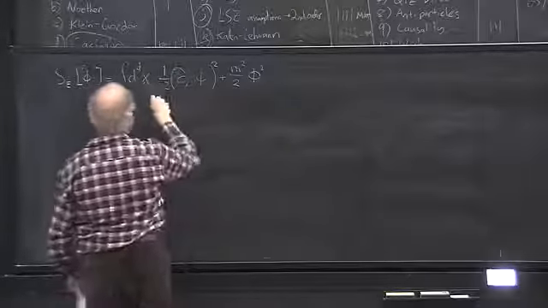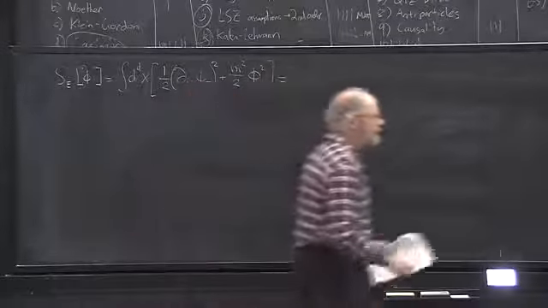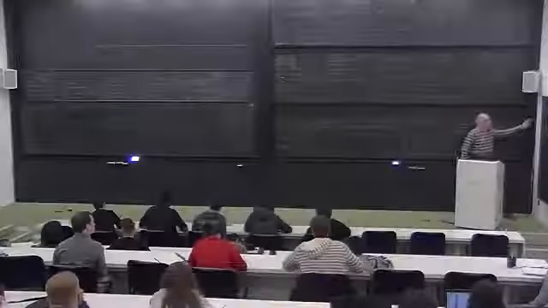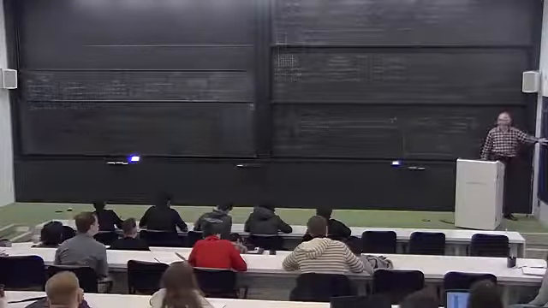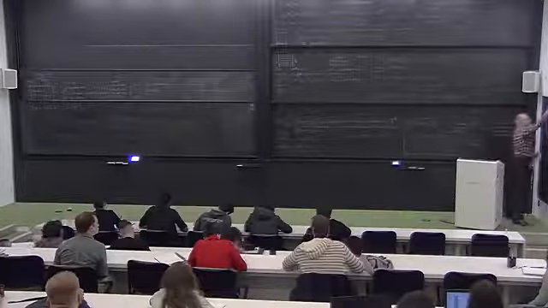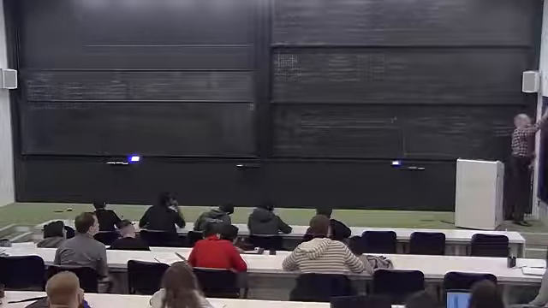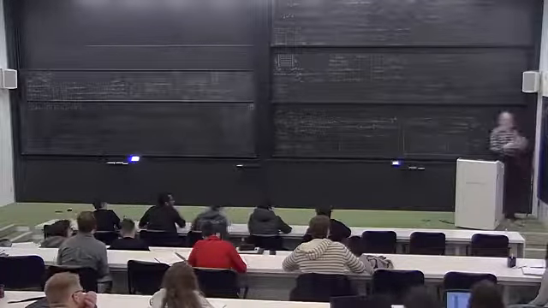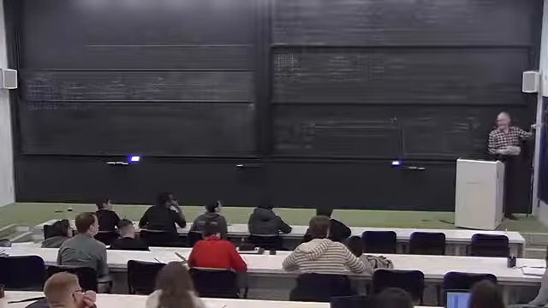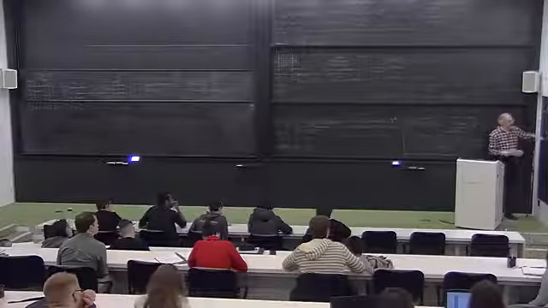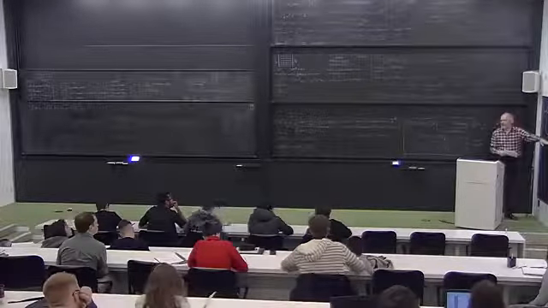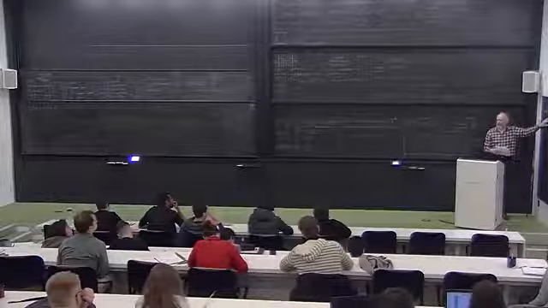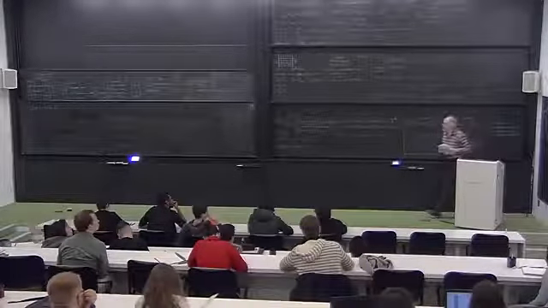And we can rewrite this if we remember that, for instance, we start from a space-time which is periodic in the Euclidean time direction. Let's assume that it's also periodic in the space direction in order to have a finite space and finite time. And then we take the limit when the period in the time direction becomes infinite and the period in the space direction becomes infinite. But as long as it's finite, we can make partial integration and then take the limit.